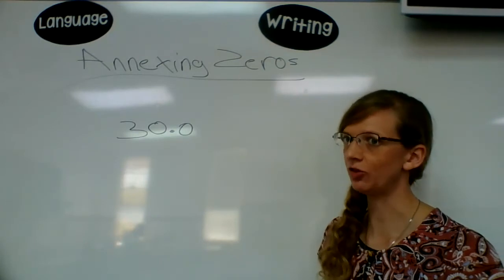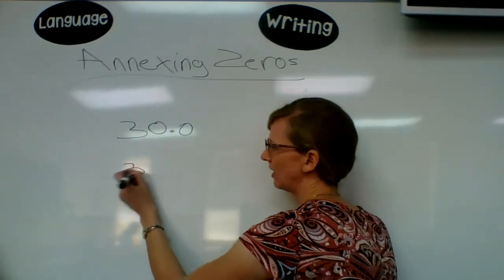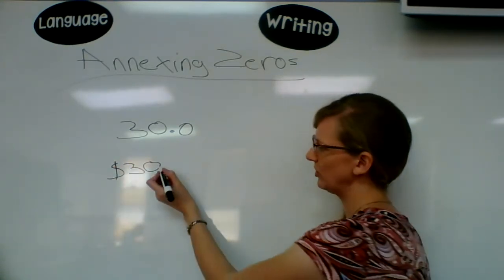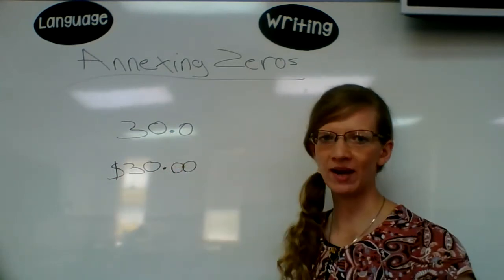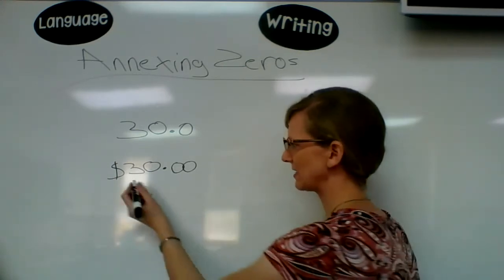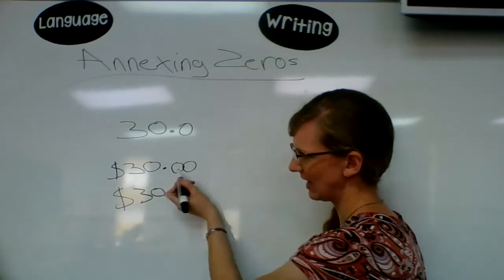No, it's still 30. Okay, so think of it in money. Let's say I have $30. I can write $30 just like that. Or if I want to, I can put a decimal point and add 0, 0. How much money do I have now? I still have $30. So this is $30 and that's $30.